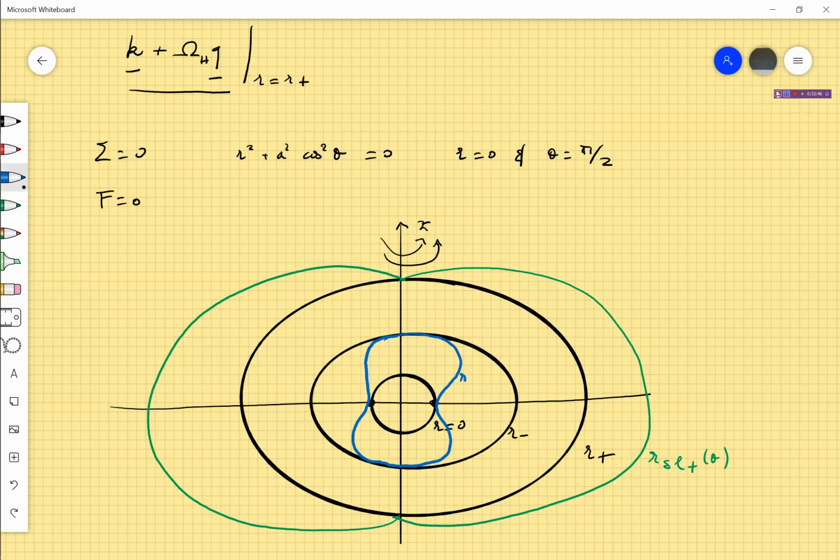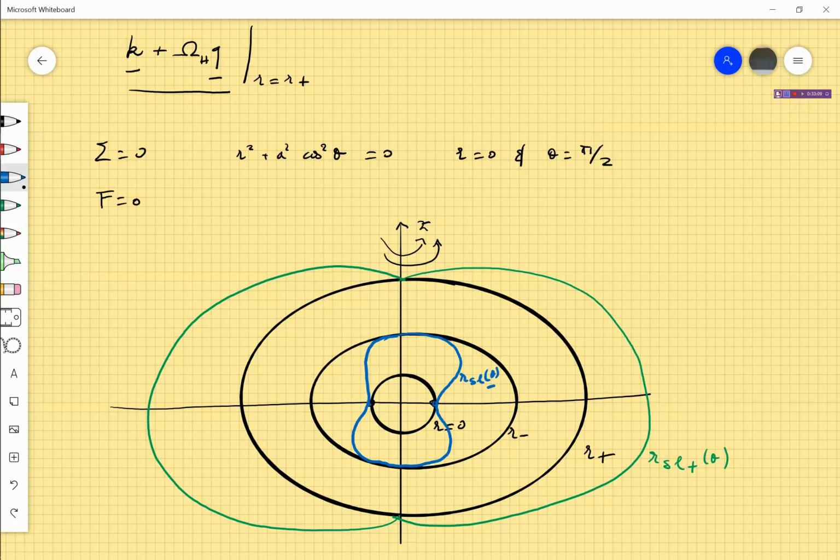Okay, this will be R_SL of theta minus, and you see that it touches the surface R equal to 0 at the ring singularity. Okay, so in between this blue surface and the green surface, there is this ergosphere where there cannot be any static observers.